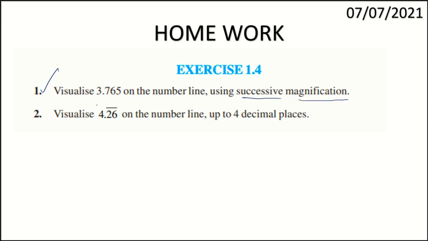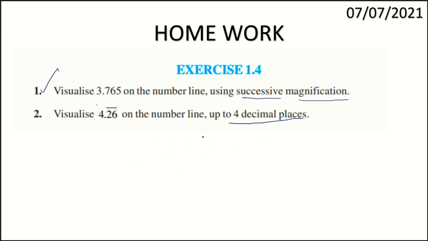See children, this is a terminating decimal number and you are visualizing it correct to 3 decimal places. And second question, visualize 4.26 bar on the number line up to 4 decimal places, using successive magnification.